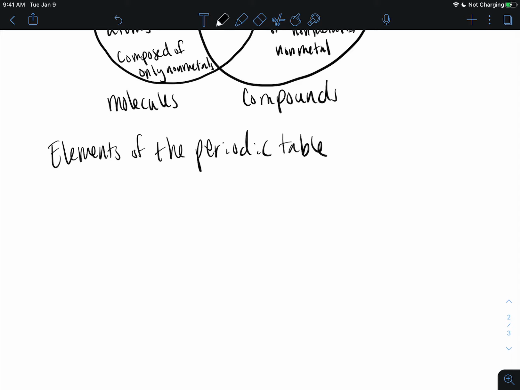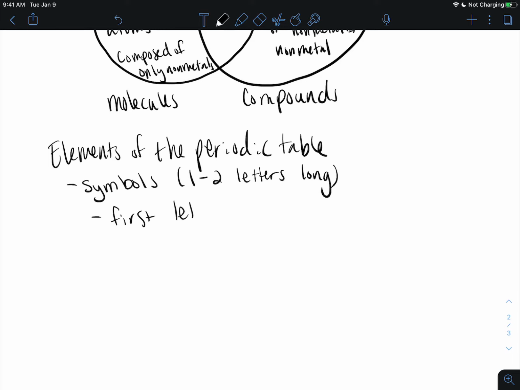So our periodic table is full of elements, and when you look at our periodic table, you probably see a bunch of symbols. These symbols are 1 to 2 letters long. The first letter is always capitalized.